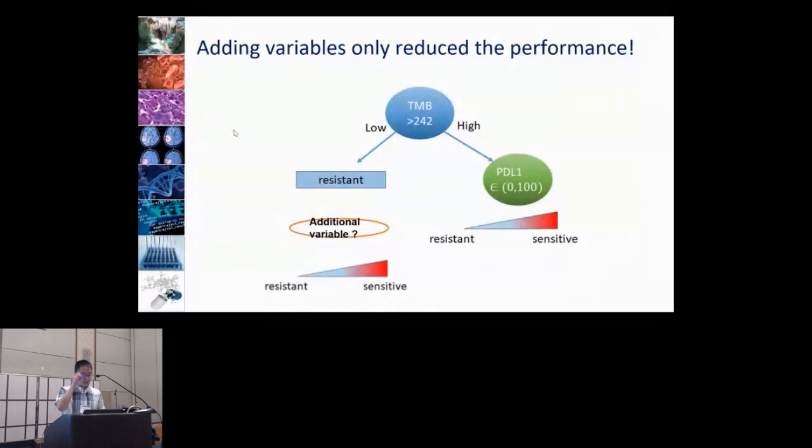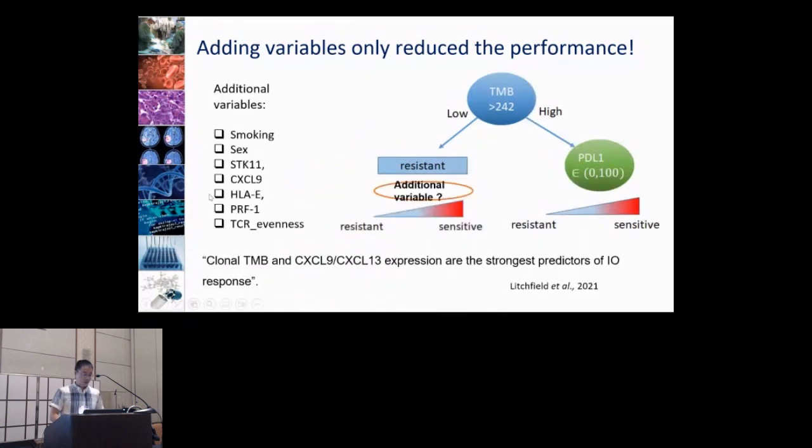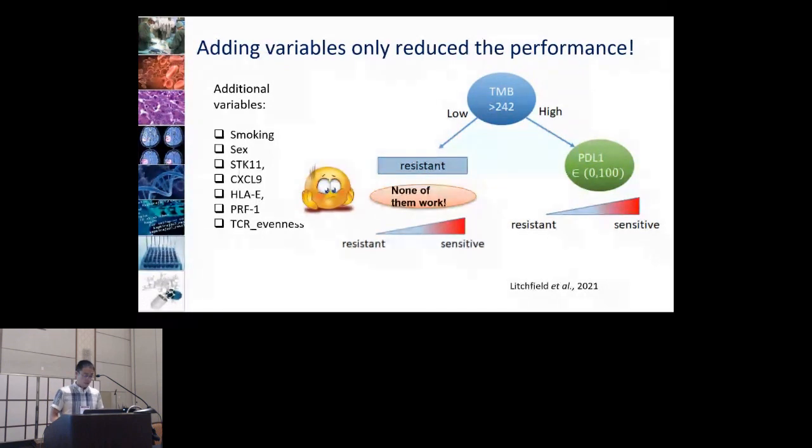Actually, to our surprise, we tried different variables, adding into this arm different additional variables, including smoking, gender, and some of the predictive biomarkers derived from the literature. And none of them worked. It was kind of frustrating, because I think that's probably the trick to improve the model, by improving the arm of this resistant part.